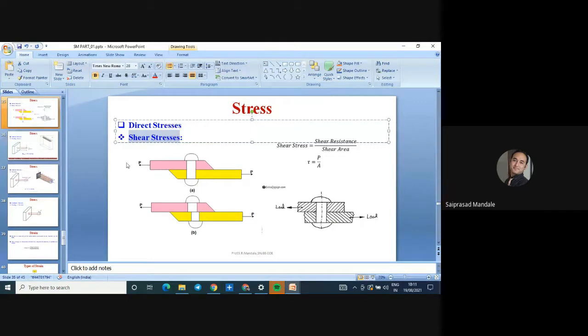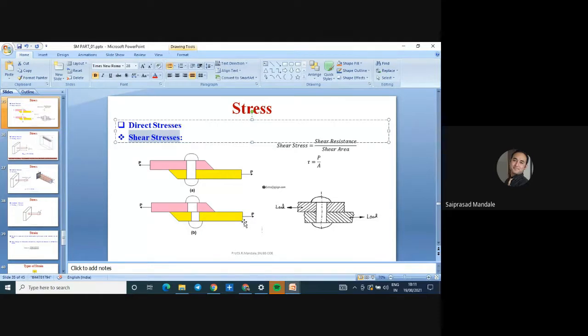Now P is acting here and here. Plate number one and plate number two are there, and because of the forces, this rivet will fail. The complete rivet fails over here, and we have one area. So P is responsible for the failure. How much shear stress would be generated?